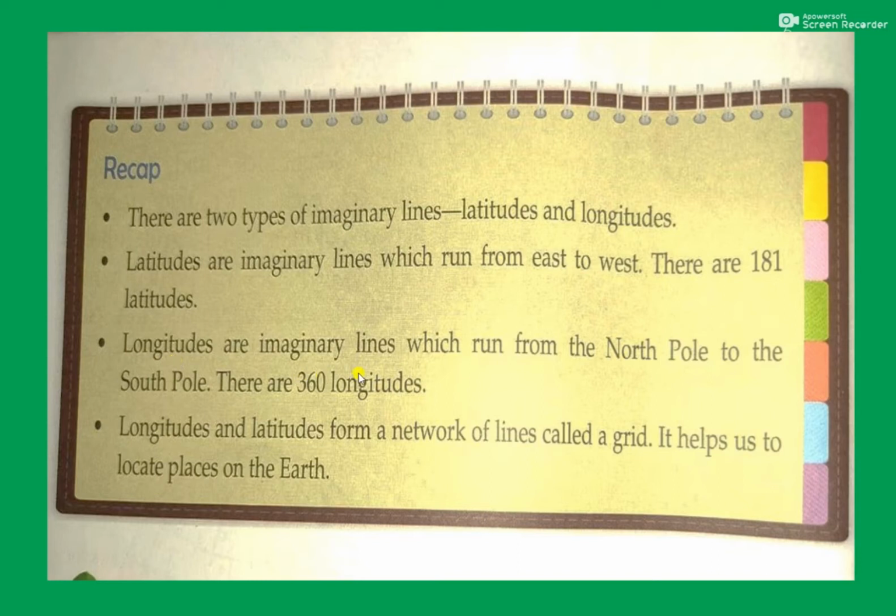Longitudes are imaginary lines which run from the North Pole to the South Pole, and there are 360 longitudes. Longitudes and latitudes form a network of lines called a grid. It helps us to locate places on the earth.